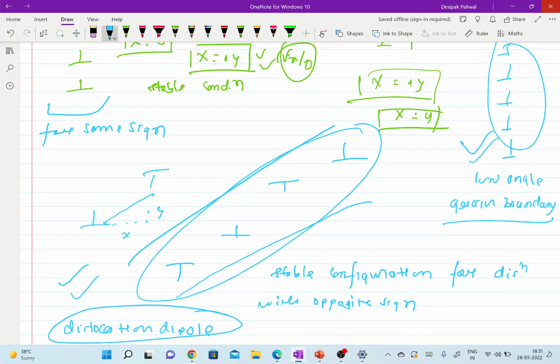So in this lecture, what we intended was to understand the interaction between the dislocations, which is very important in terms of strengthening, because dislocation interaction is responsible for the strengthening of a material.